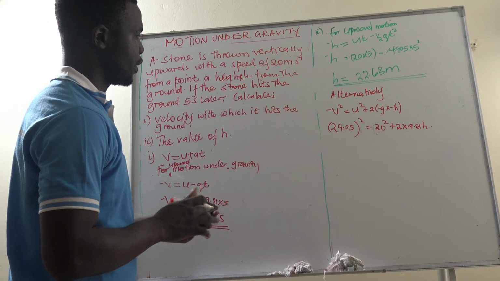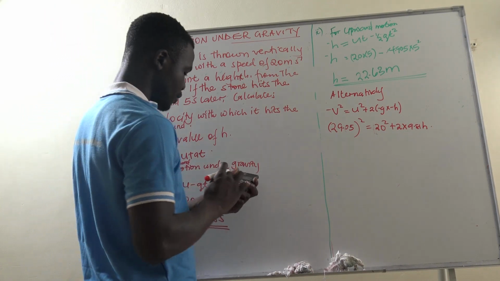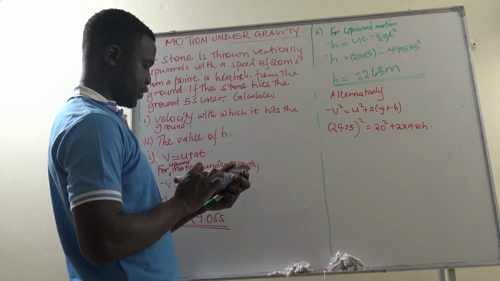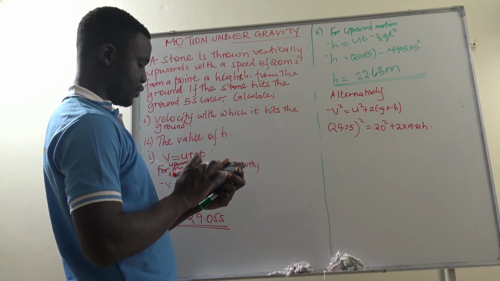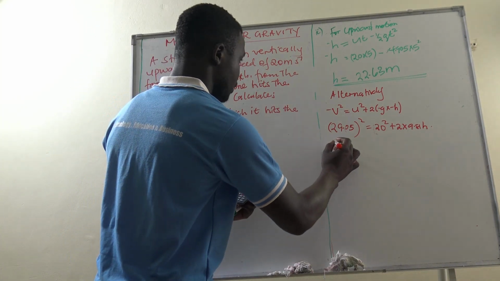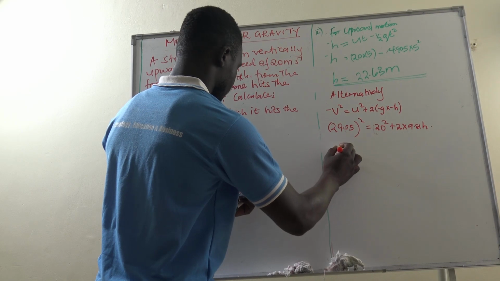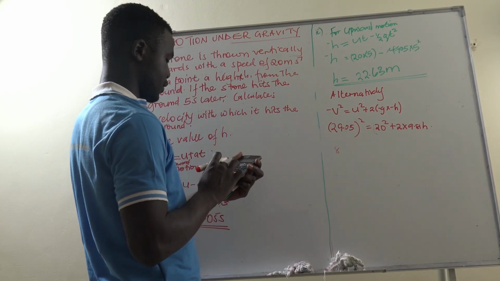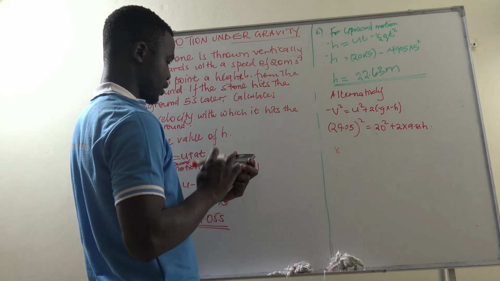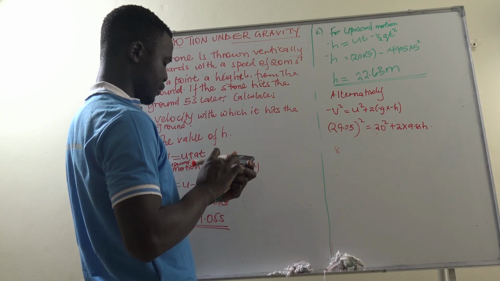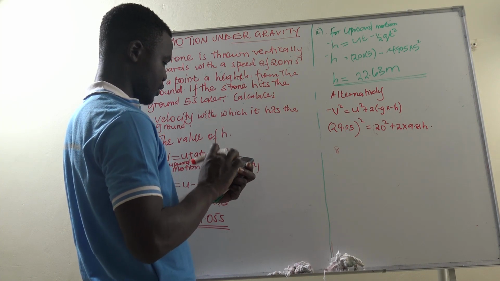Let's press together. This is 29.05 squared, which gives me this value, minus 20 squared also gives me that value, divided by 2 times 9.81.